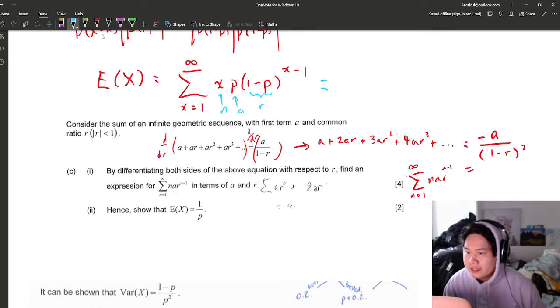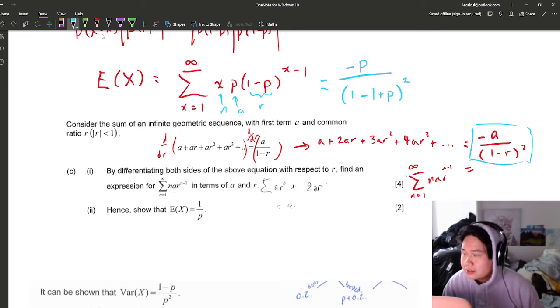So I know that if I use this expression here, this is gonna be negative p over (1 minus (1 minus p)) squared. And then the ones cancel, so we'll have negative p over p squared, which is equal to negative 1 over p.